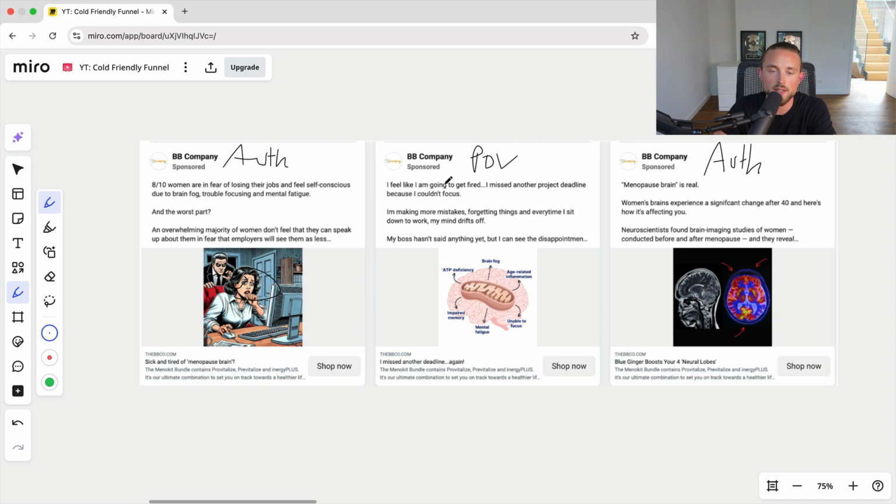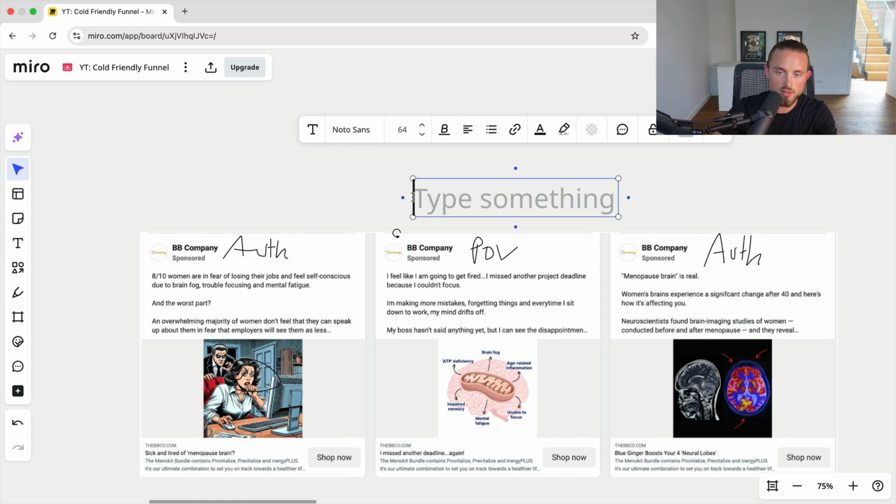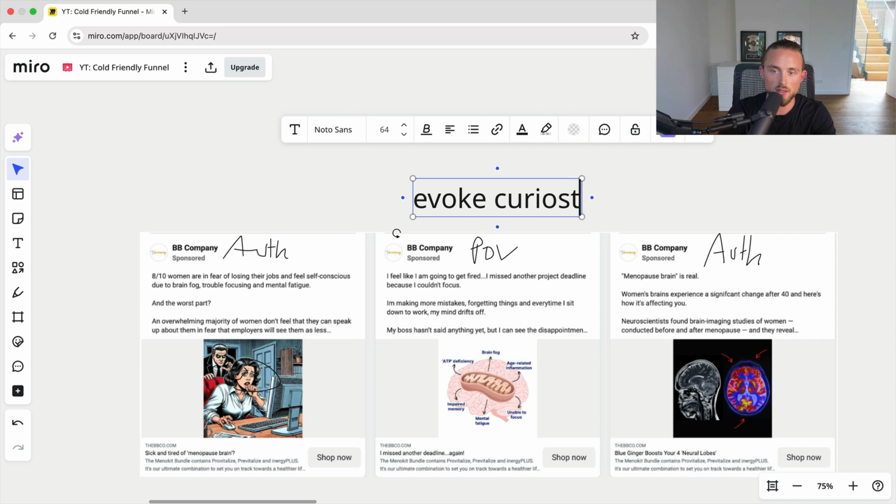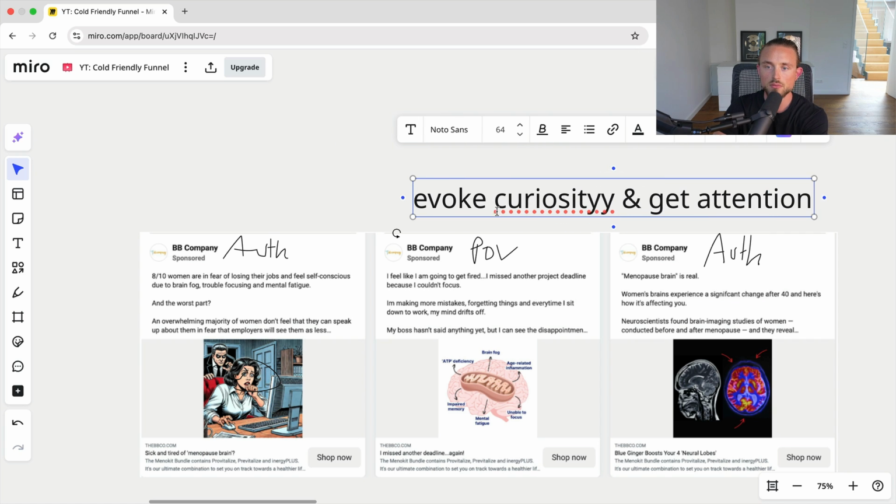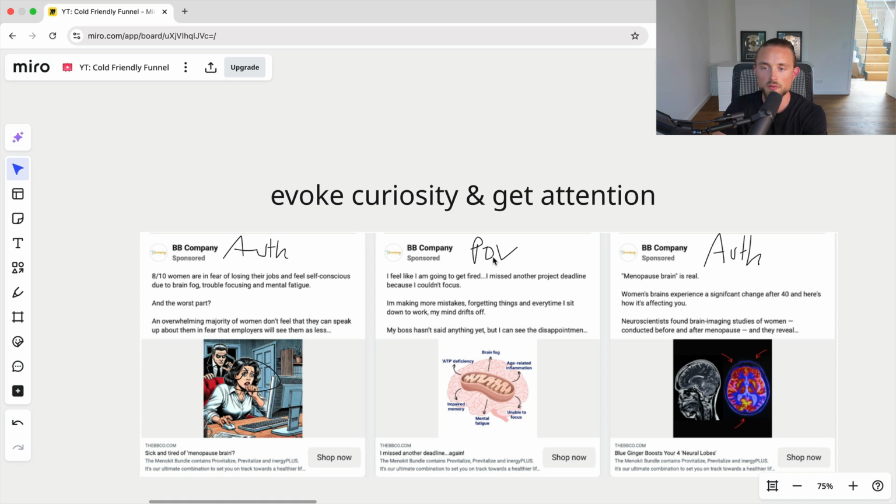So it's either something from a third party, like your doctor, journalist, or whatever, talking about something, or it's like a point of view, like I was feeling so bad until I discovered this. So the general idea of these ads is just to evoke curiosity and get attention. That's the main idea of these ads.